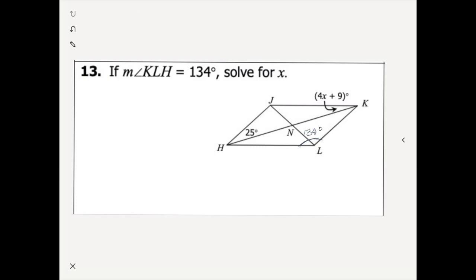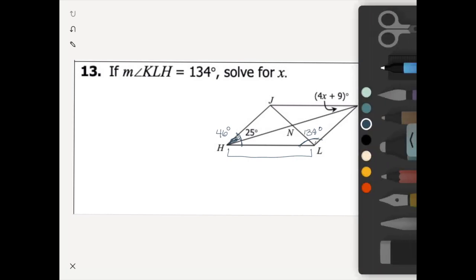So if this angle is 134, we know that these two angles should add up to 180. So we know that this entire angle, not just this little bit that is 25, but this whole angle is actually 46 degrees, because 46 plus 134 is going to give us 180.